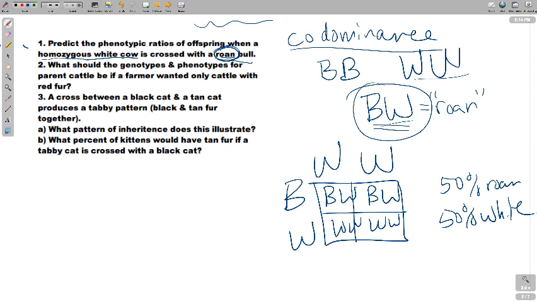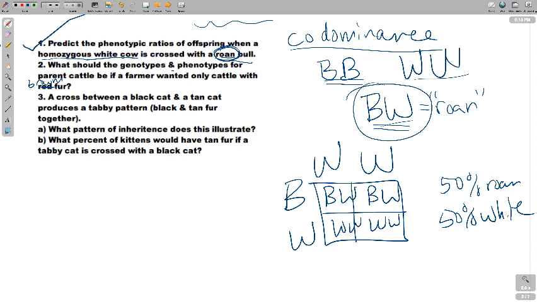Check. What would the genotypes and phenotypes for parent cattle be if a farmer wanted only cattle with red fur? Oh, duh. They don't call it brown fur, it's red fur. But we're going to pretend this is brown. Sorry about that, guys. So the farmer only wants cattle with red fur.